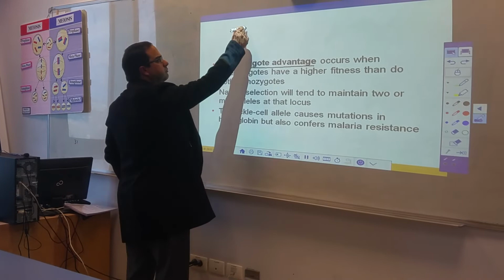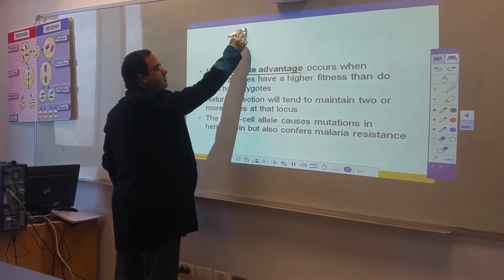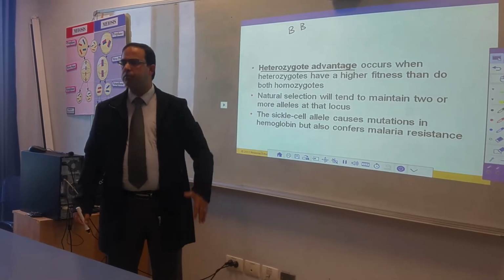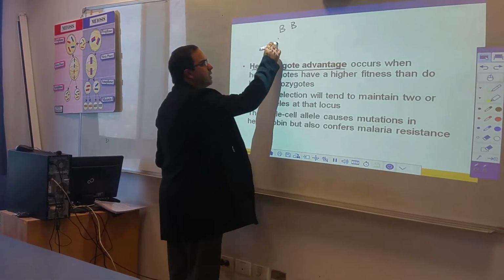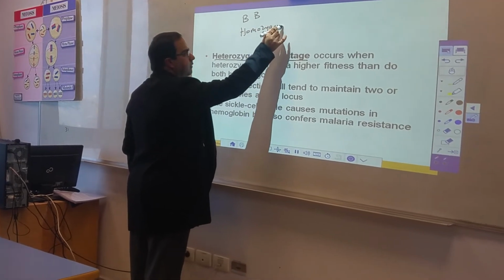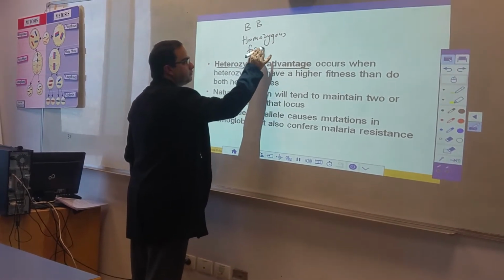Let us give the symbols. Homozygous for normal is BB, beta globin genes that are normal. So this one is homozygous for normal.